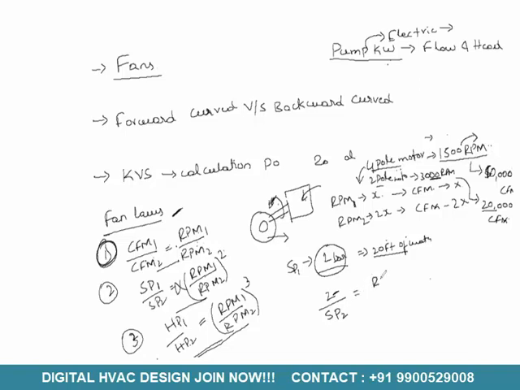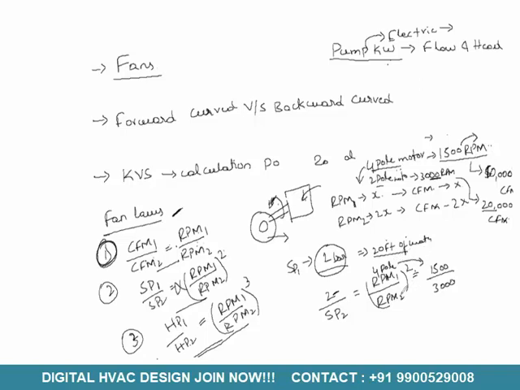Then I will use one formula: SP1 by SP2 equals RPM1 by RPM2 squared. RPM1 I can say 1500, a 4-pole motor.